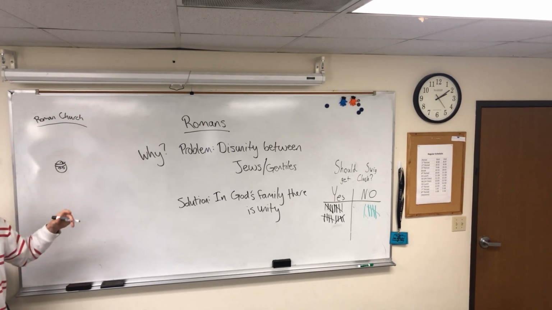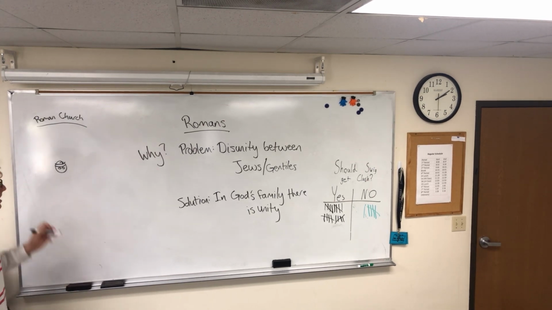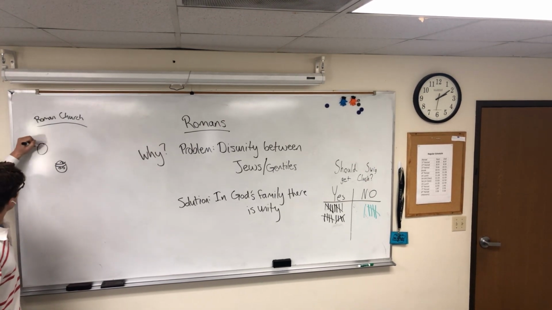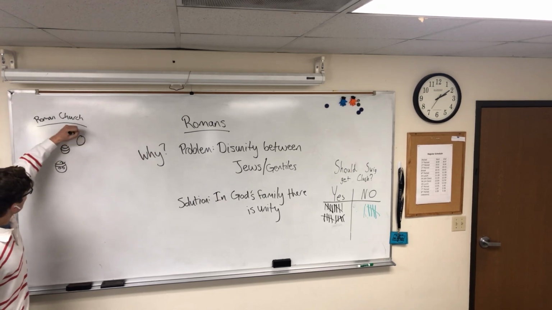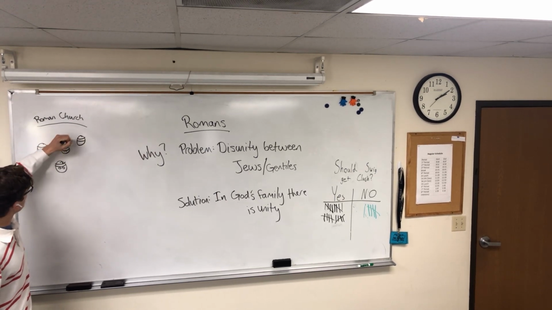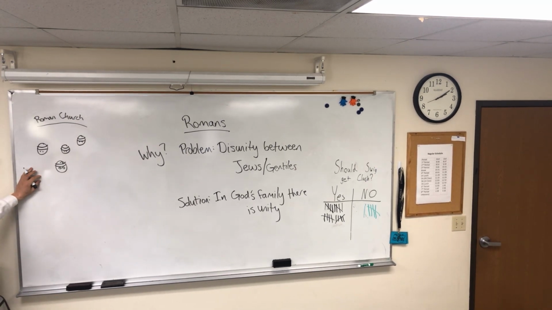And then more people become Christians in Rome. But of course, all the Jews are out of Rome. So who's becoming more Christians? Is it Jews or Gentiles? It's going to be Gentiles. So the Gentile population increases in the Roman Church.